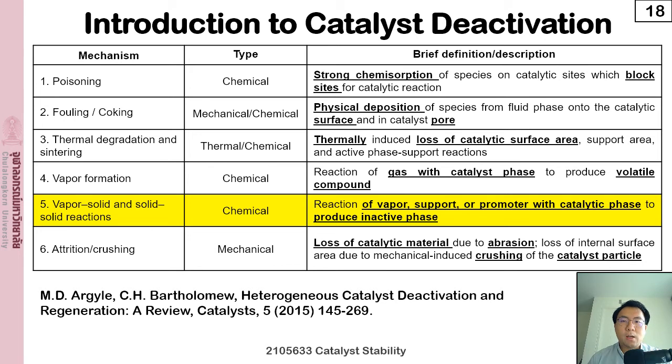Since we have a gas phase reaction, this vapor will react with the catalytic phase. So what is the catalytic phase? From the last lecture, we learned that the catalytic phase is the active site, which can be metal oxides, metal carbides, metal sulfides, and so on.